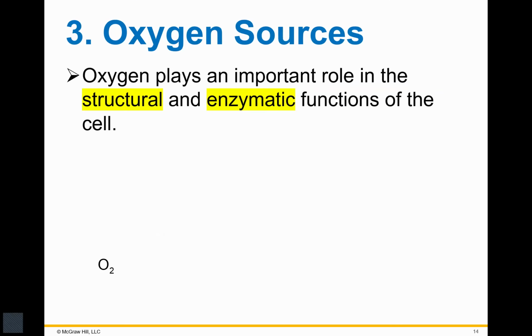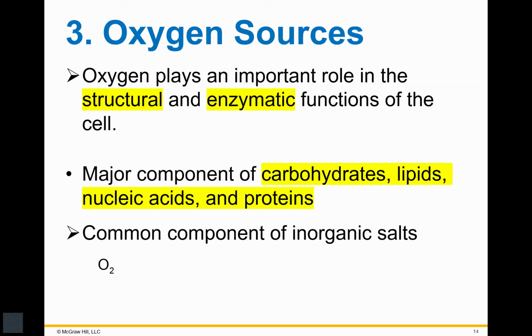The third nutrient we'll look at is oxygen. Oxygen can be obtained through water. It can also be obtained through oxygen gas. Oxygen is crucial for respiration, for enzyme function, and for cell structure. Some microbes are able to thrive on oxygen gas, and these are called aerobes, while others are killed by oxygen, which are anaerobes.